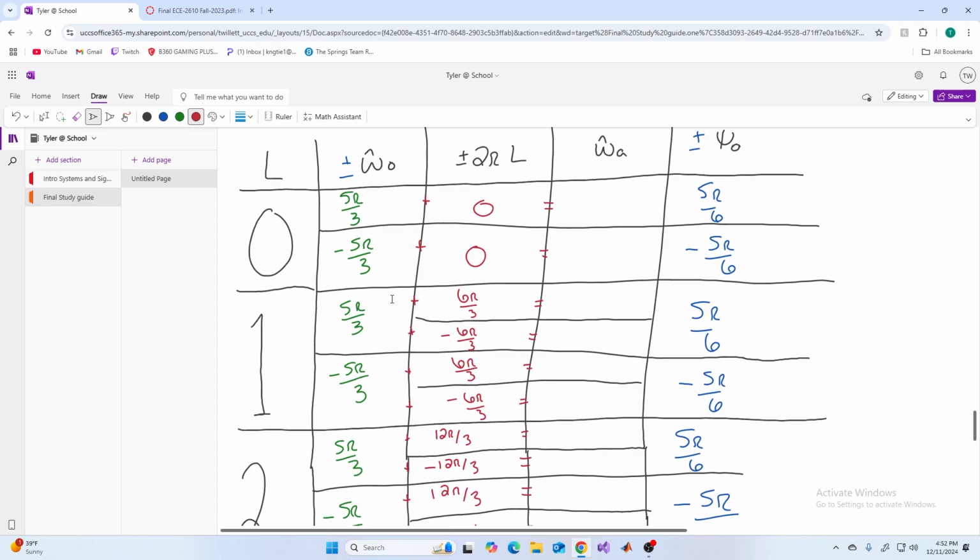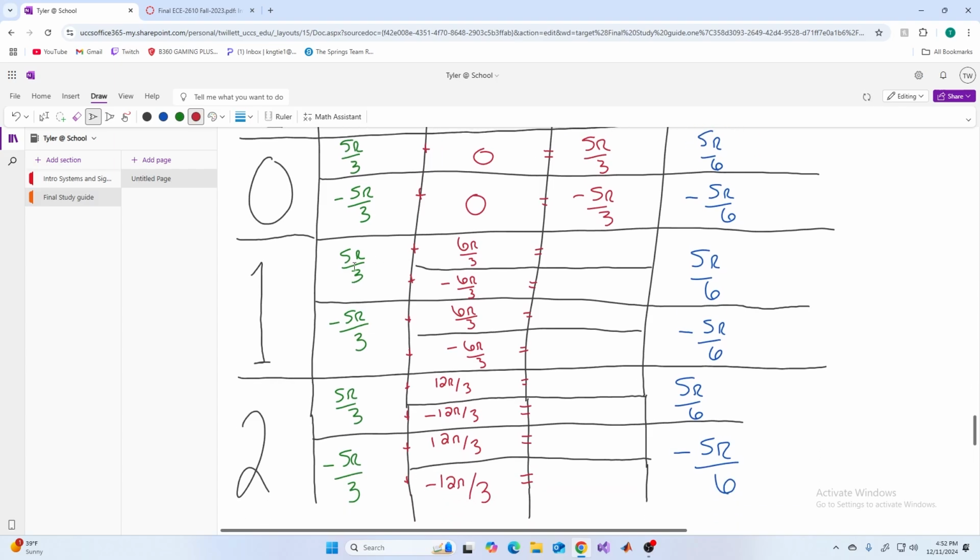So this one is going to be 5 pi divided by 3, negative 5 pi divided by 3. This one is 5 pi divided by 3 plus 6 pi divided by 3, which is 11 pi divided by 3. It's going to be negative pi divided by 3. This is pi divided by 3, negative 11 pi divided by 3.